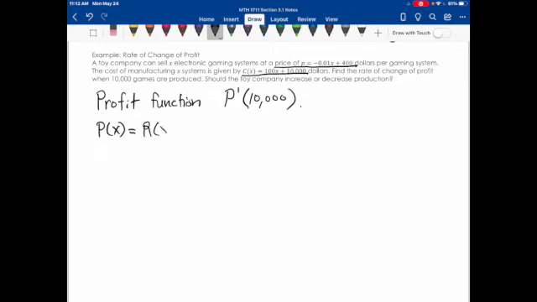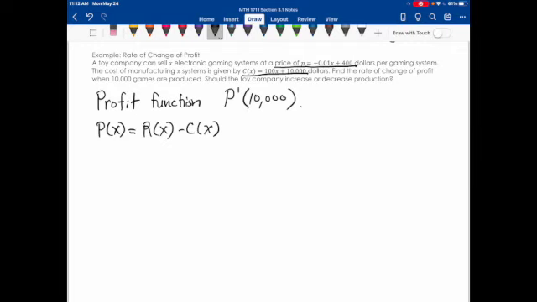So to find a profit function, we need the revenue function minus a cost function. We're given the cost function in the problem. We are not given the revenue function. But we are given enough information to figure it out.